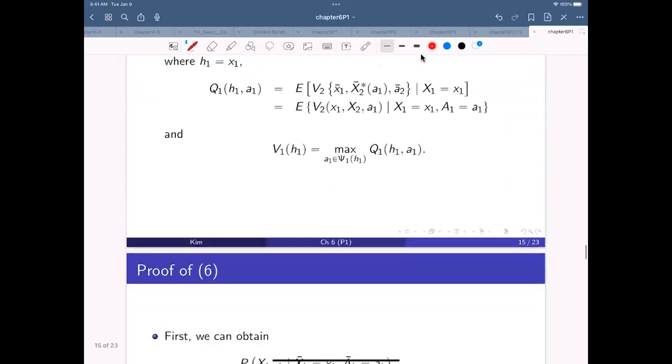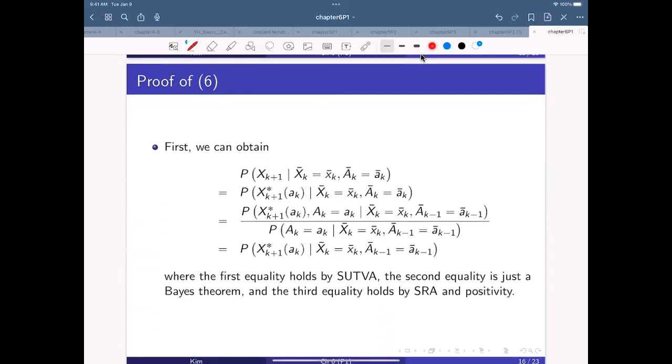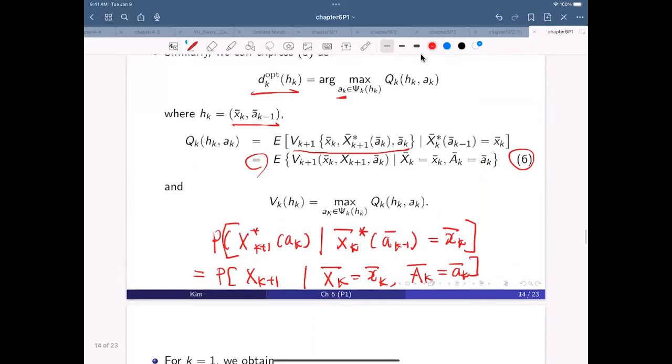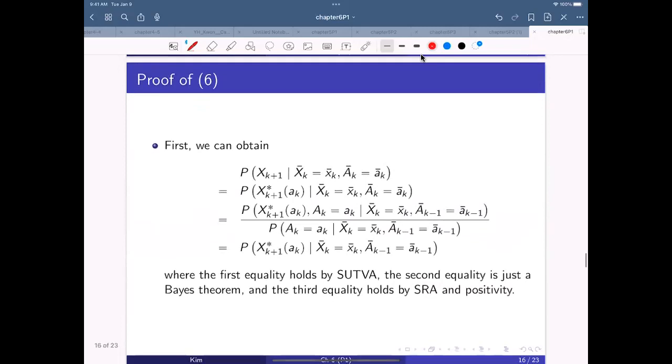So here's a proof. When we try to prove it, don't start with this. You should start with this one, because you start from the complex one to the simple one, rather than from simple to complex. That's impossible, like water trying to flow upward. Now see what's going on. First of all, the first equality is clear, because given this information, by SUTVA this one is equal to this.